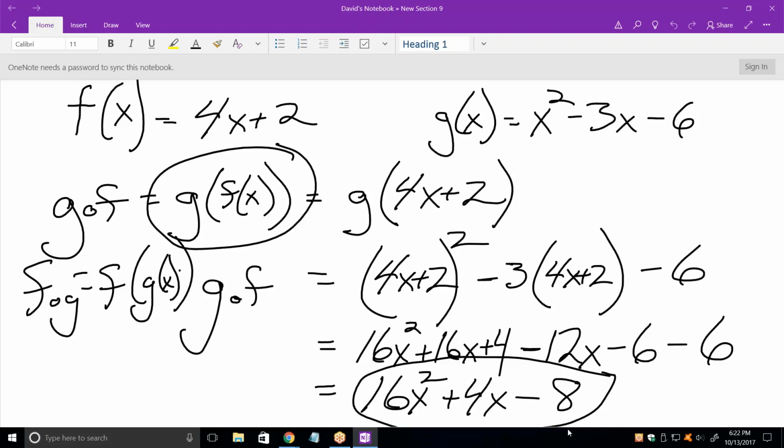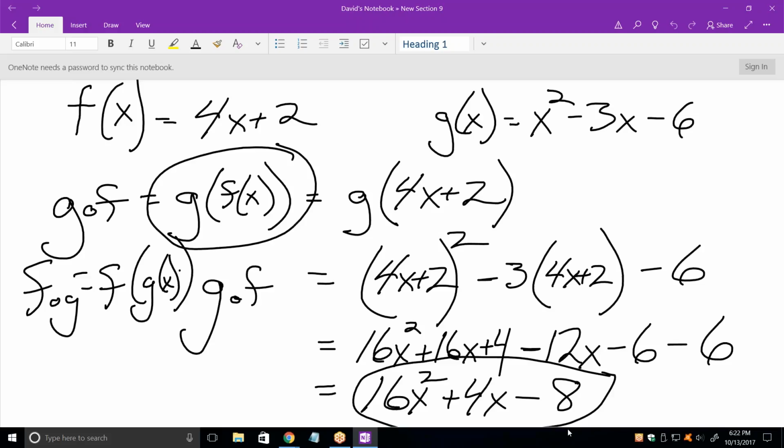Oops, I accidentally put a comma in there. Hold on. So it's 16x squared plus 4x minus 8. Uh-huh. It's saying that's not right.